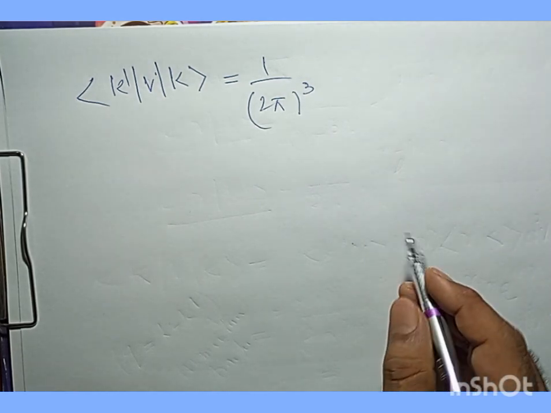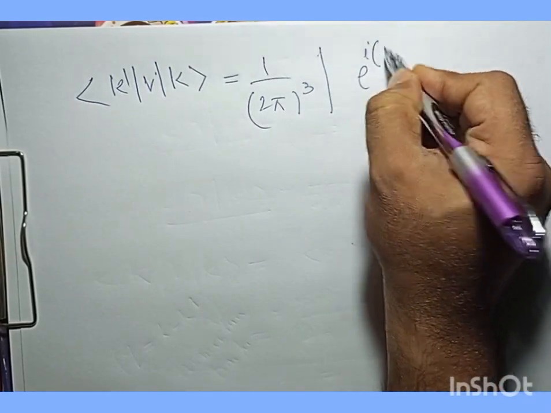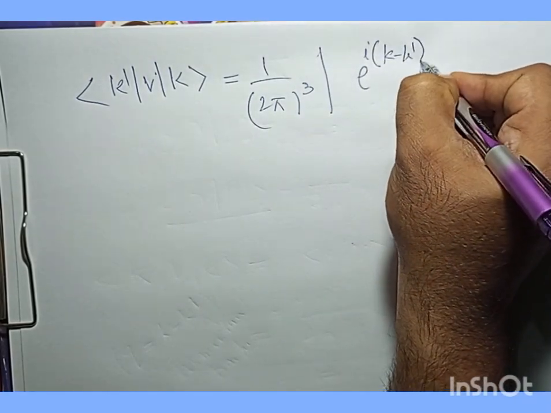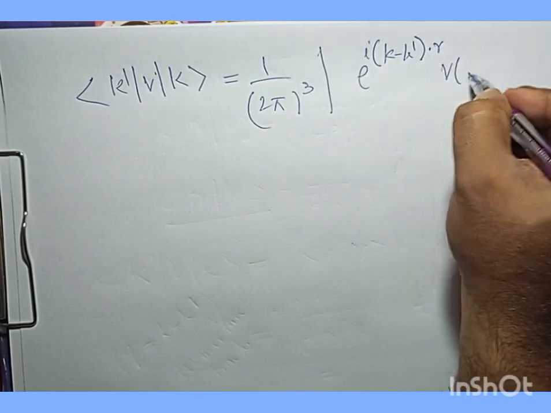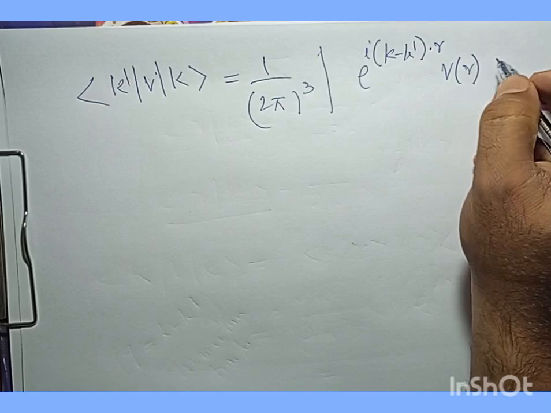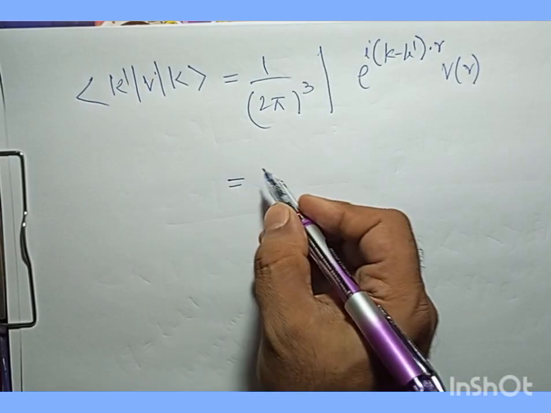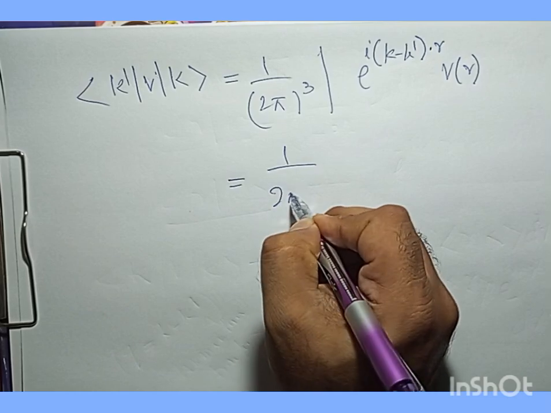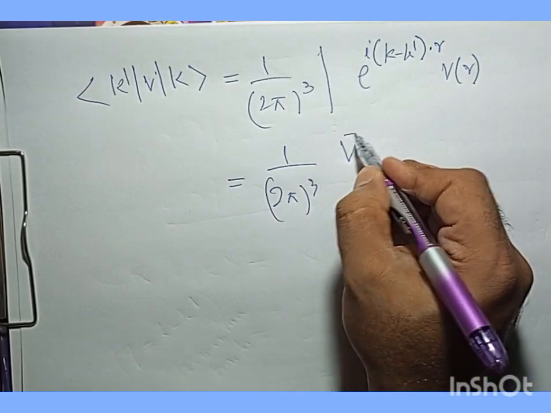Then what you will have is the integral of e^{i(k−k')·r} V(r), and we can write this as 1 by (2π)^3 times V bar of q.